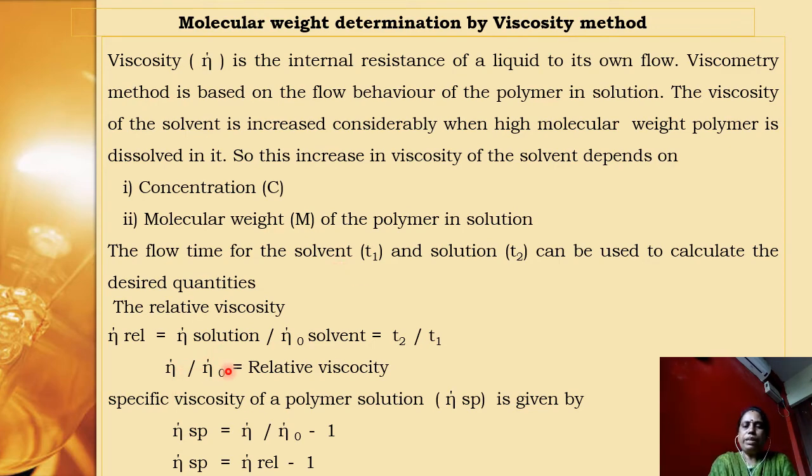The specific viscosity of a polymer solution is represented as eta sp, given by eta sp is equal to eta by eta naught minus 1, so it is the relative viscosity minus 1.